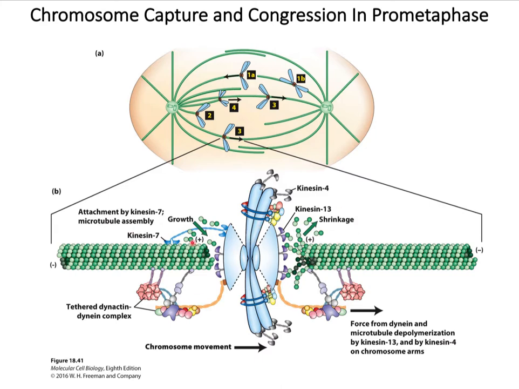In the next step, the chromosome with only one kinetochore pole interacts with kinesin 7, also known as CENP-E, and we'll see what this interaction means in a second. So now these bioriented chromosomes, with several kinetochore microtubules attached to each kinetochore, move to a central point between the spindle poles, and this is known as congregation.